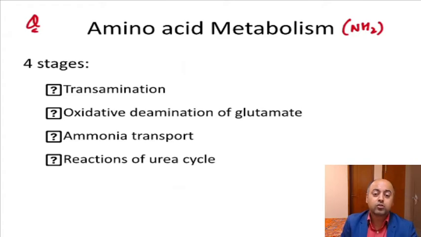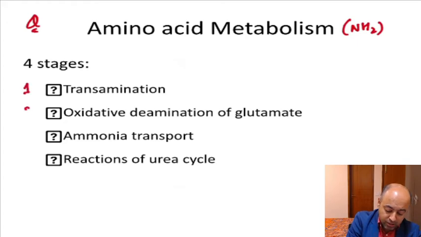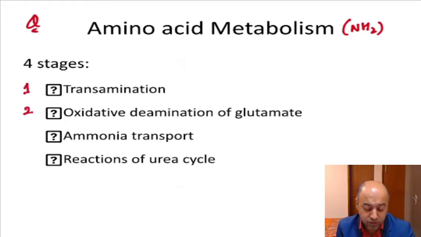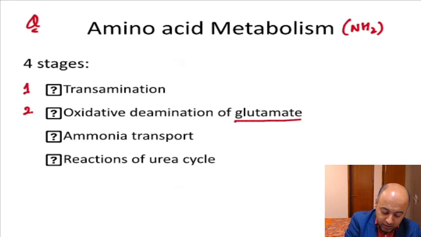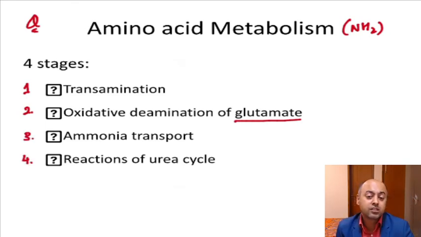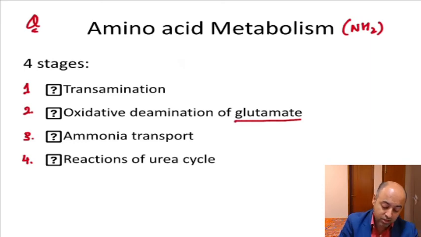This amino acid metabolism for the amino group is described in 4 stages. Stage 1, transamination. Stage 2 is oxidative deamination of glutamate. Stage 3 is ammonia transport, and stage 4 is the reactions of urea cycle. We'll quickly look at each of these stages one by one and see what questions they are asking from these stages.